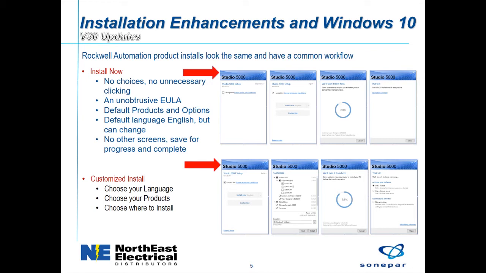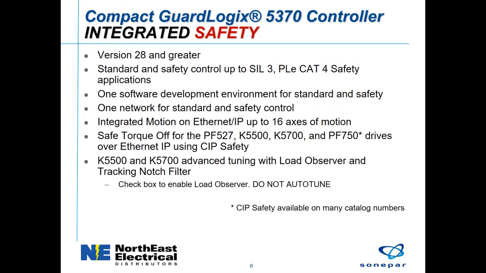Just to cover, it's old news, but in case you weren't aware, there's a new series of CompactLogix, the 5370 series of controllers with integrated safety. They started becoming available in version 28. It allows you to do standard and safety control up to SIL 3, PLe Category 4 safety, dependent upon your design.